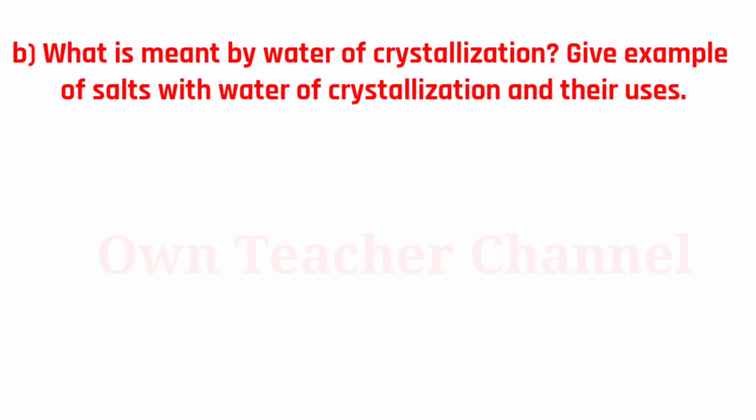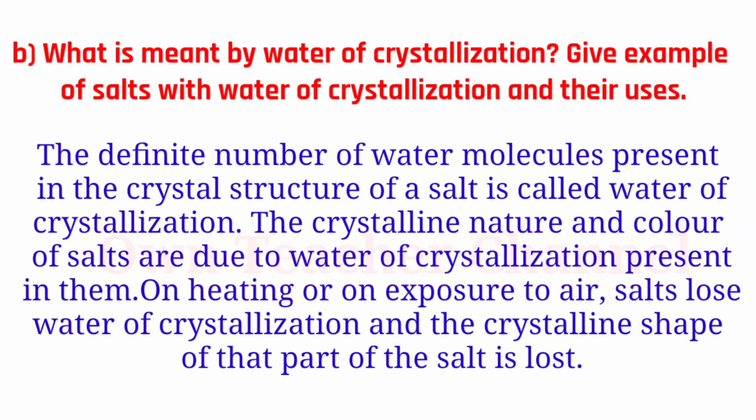B. What is meant by water of crystallization? Give examples of salts with water of crystallization and their uses. The definite number of water molecules present in the crystal structure of a salt is called water of crystallization.